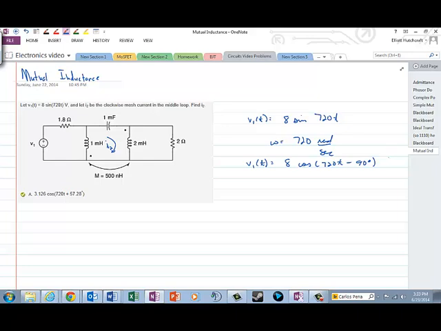When we've got that, we can see that our V1 in phasor form is equal to 8 angle minus 90 degrees, which, going from polar to rectangular form, turns out to be minus 8j.